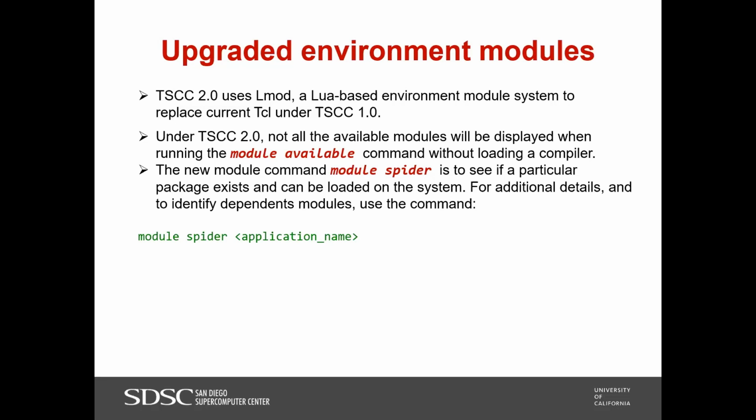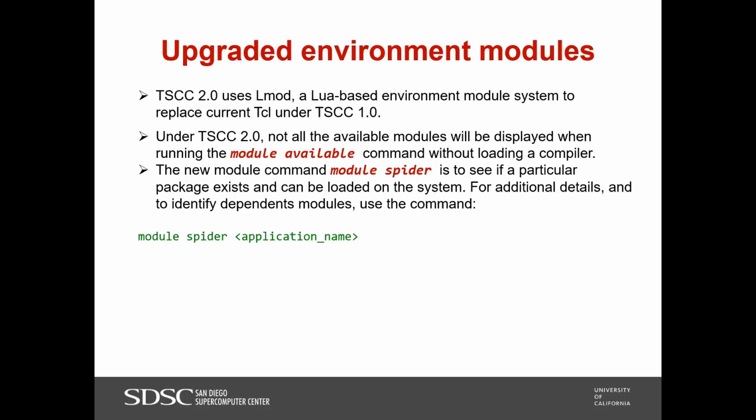Under TSCC2, not all the available modules will be displayed when you run the module avail command without loading a compiler. Now there's a new command called module spider, which is important for you to see if a particular package exists and can be loaded on the system.